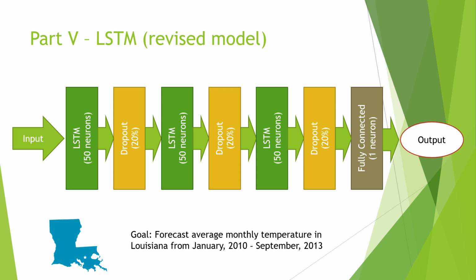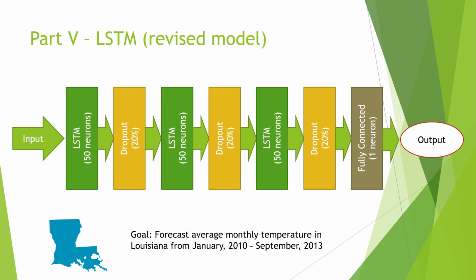I increased the number of LSTM cells in each LSTM layer from 20 to 50, so a little bit more than doubling the number of LSTM RNN cells. By creating a slightly more complex network, the hope was that the network would better learn the relationship without overfitting.